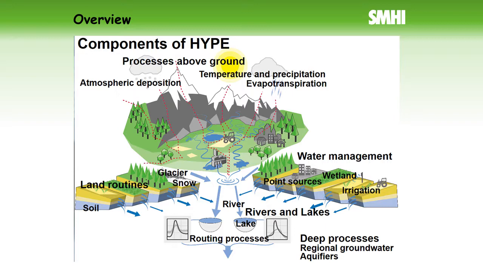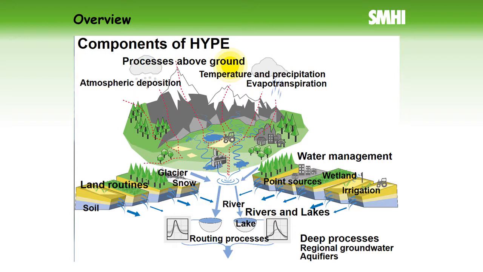You can also use regional groundwater flow between subbasins, and there are many different ways of managing water, like regulation, point sources, wetlands, irrigation, and so on. To begin with, the model was developed for simulation of nutrients, so there's quite a lot about nitrogen and phosphorus, for instance, atmospheric deposition of phosphorus, and so on.